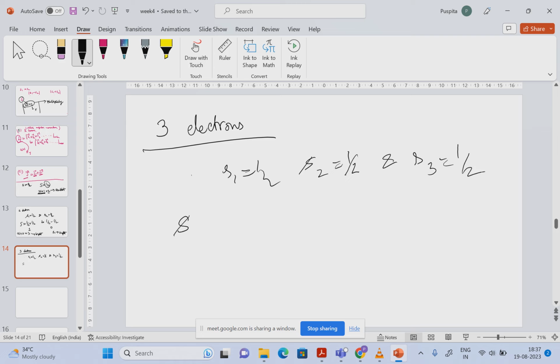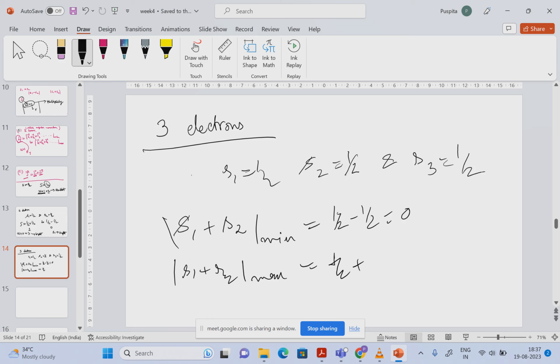So first we need to determine s1, s2 minimum, which will be half minus half, 0, and s1 plus s2 maximum, which is half plus half is equal to 1.